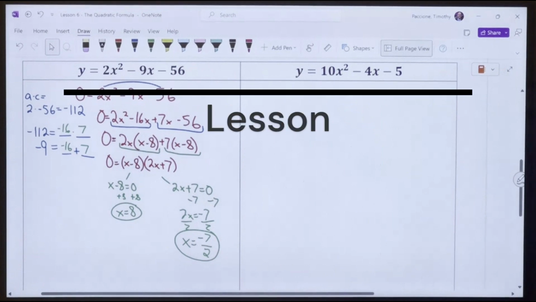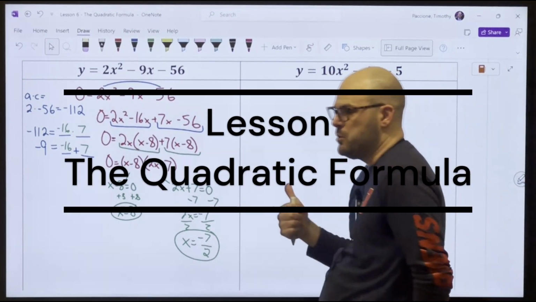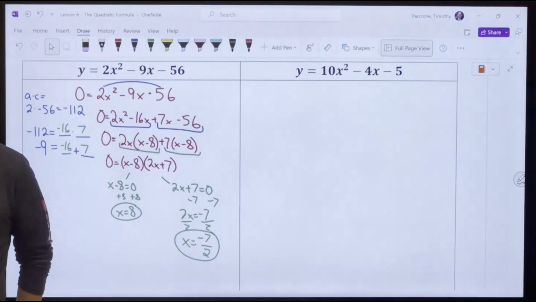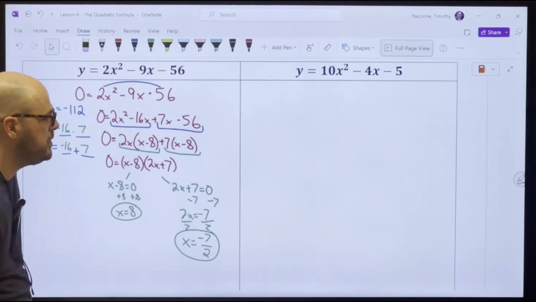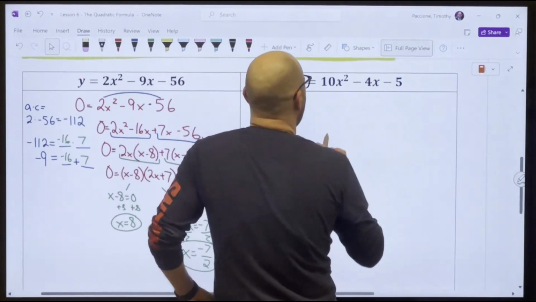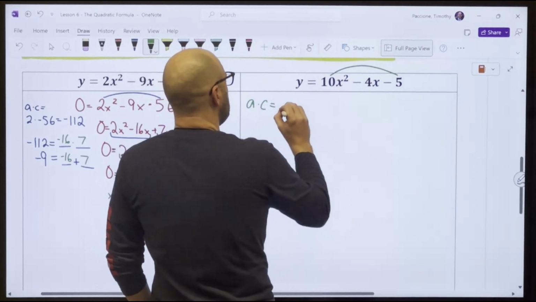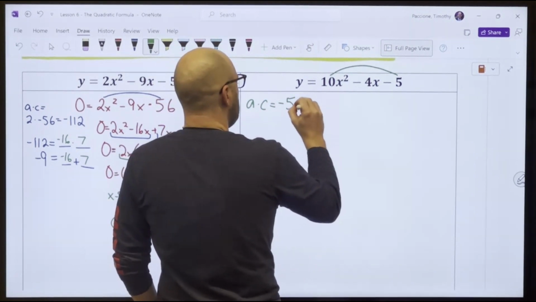Now, this other problem that we're going to do over here, again, you're going to attack it the same way. You're going to say, hey, there's no GCF. I don't have an A of 1. I can't magic X. I'm going to try rainbow. I'm going to see if it works, right? And then you go to do it. You do A times C equals negative 50.